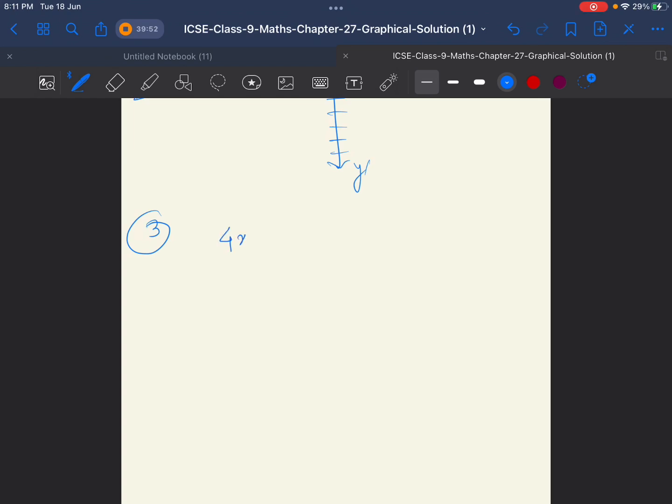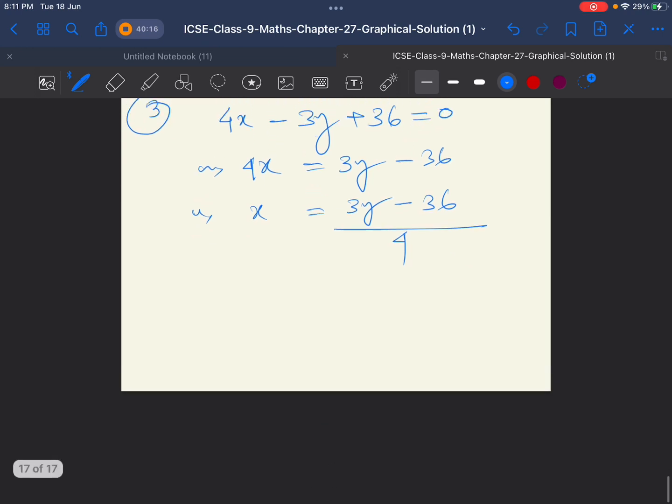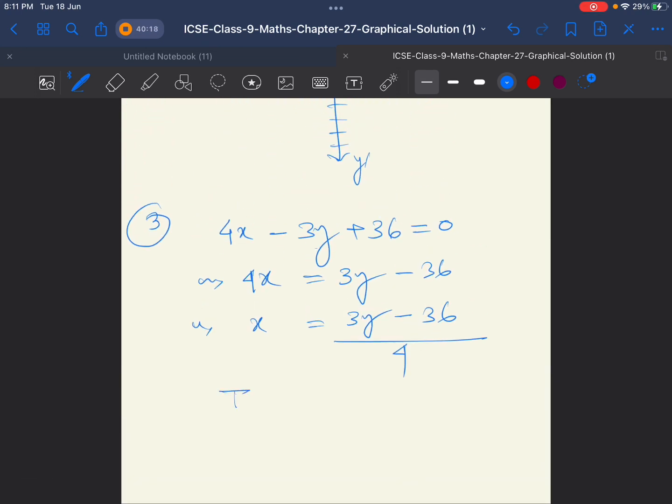Okay, so now here draw the graph of straight line given by the equation 4x minus 3y plus 36 equals to 0. First we make subject. So 4x equals to 3y minus 36, or x equals to 3y minus 36 by 4.